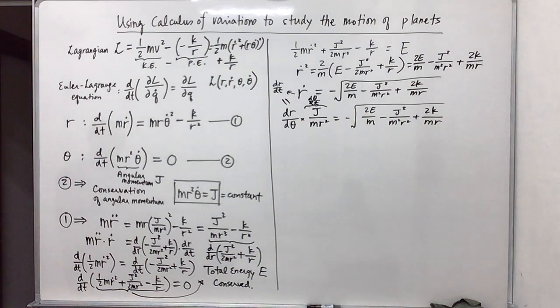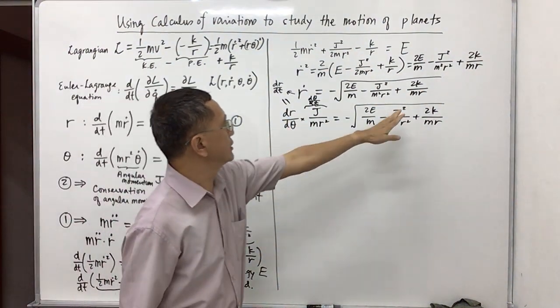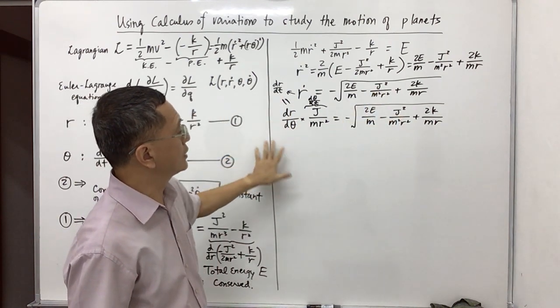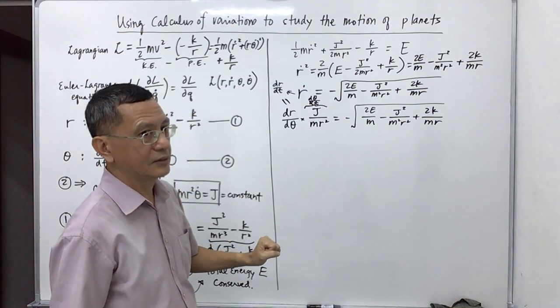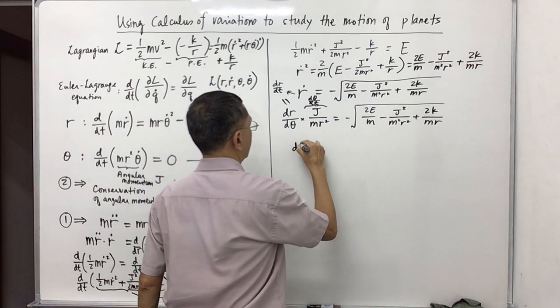Now how am I going to do it? We're going to use separation of variables in solving this differential equation. Look, you can throw your d theta to the other side, bring this whole square root down, then on one side you only have r and dr, on the other side you only have d theta. So I'm going to leave my d theta alone.